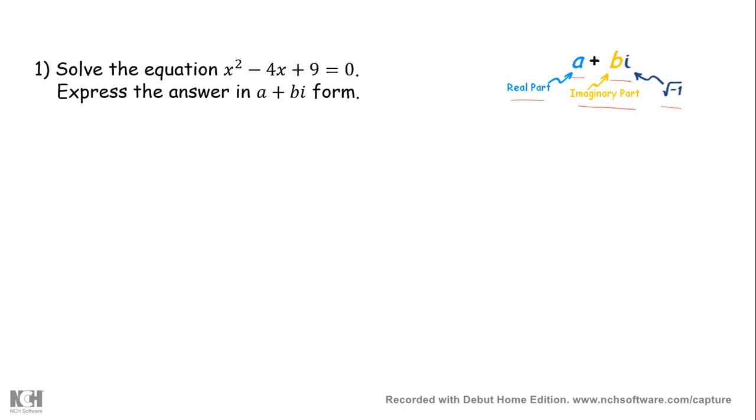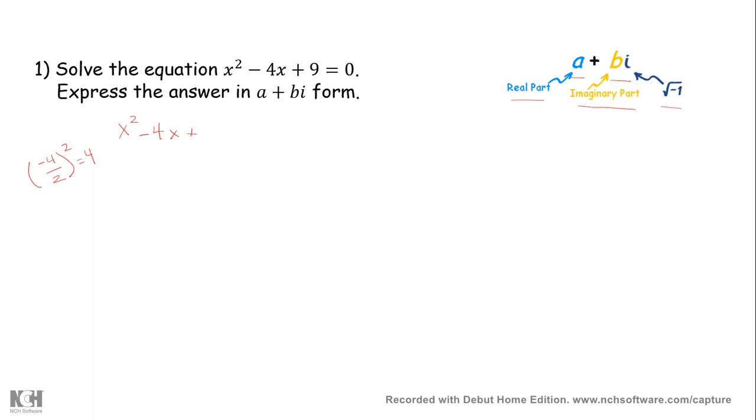You cannot solve it using factoring because it's not factorable. So the only other methods are the quadratic formula or completing the square. So I'm going to complete the square, at least first. So I have x squared minus 4x. And now I'm going to take my b value, which is -4, divide it by 2, and square it, and I get 4.